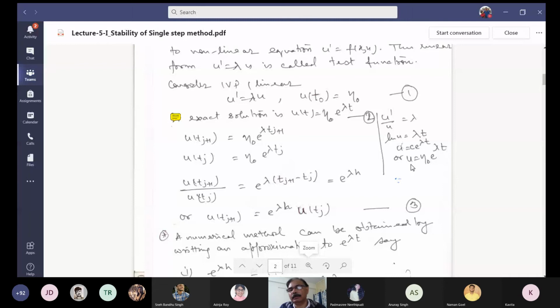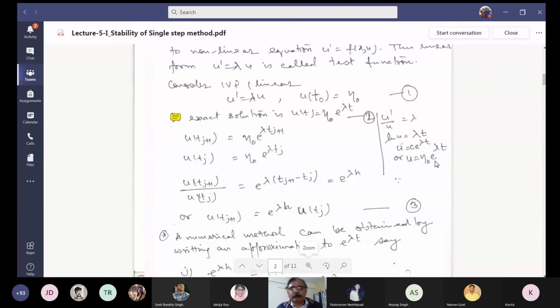Its exact analytical solution will be u equal to some constant, let us say eta naught, that is, u(t) is given as eta naught into e to power lambda t. This you have done in your first year, maybe even before coming to this place, right? This will be the exact solution.